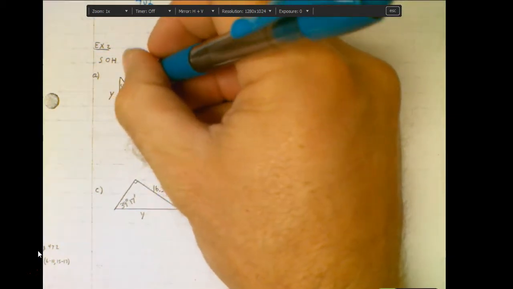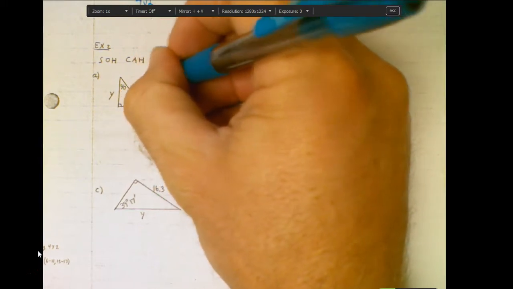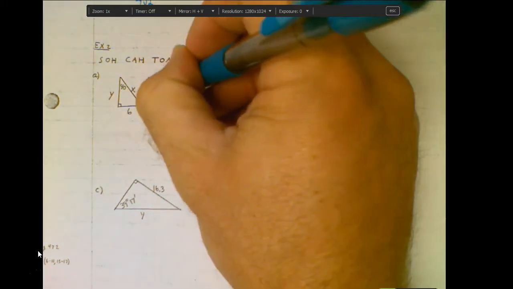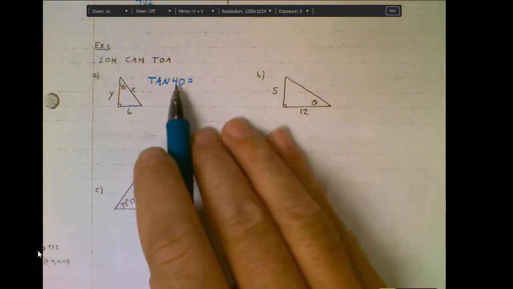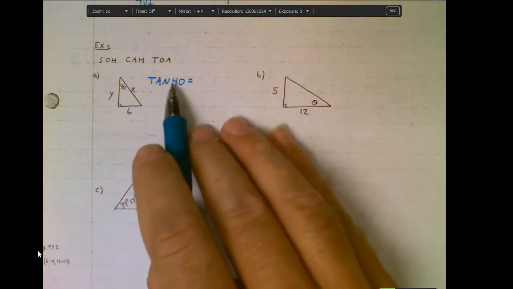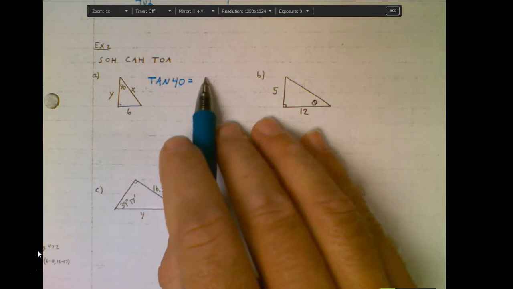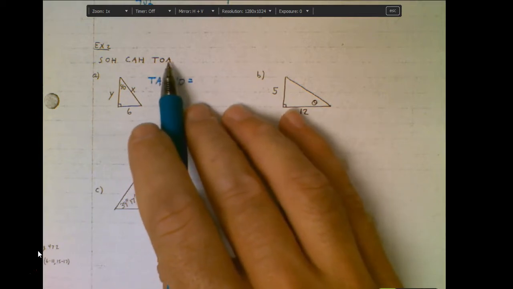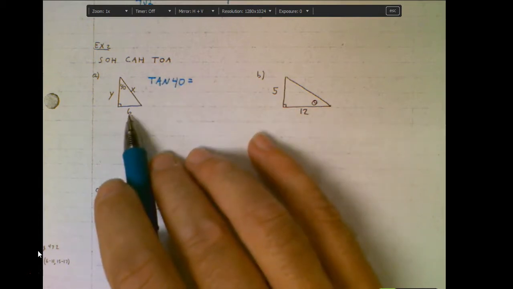So we're going to say tangent of 40. You always get your trig ratio with the angle on one side of the equation. The other side of the equation are the segments. So opposite leg over adjacent leg. So opposite over adjacent, 6 over y.